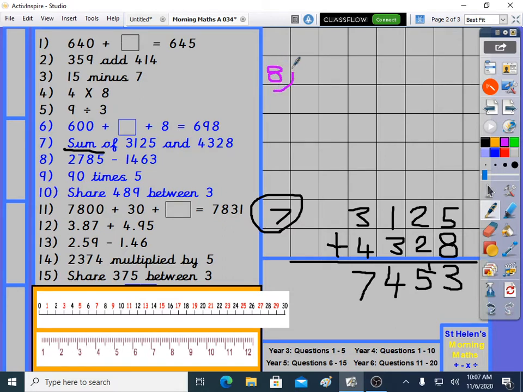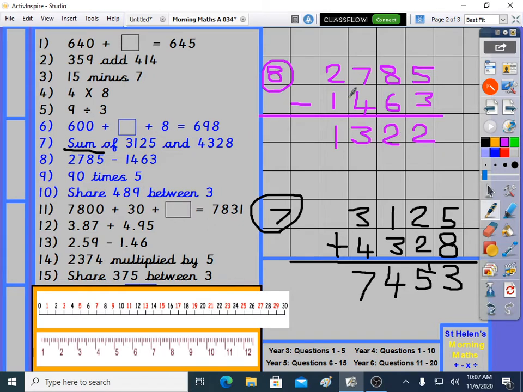Question 8 is 4 digits minus 4 digits. And this is real year 4 level plus and takeaway we're doing today. You should be able to do addition with 4-digit numbers and subtraction with 4-digit numbers. 5 take away 3 is 2. 8 take away 6 is 2. 7 take away 4 is 3. 2 take away 1 is 1.